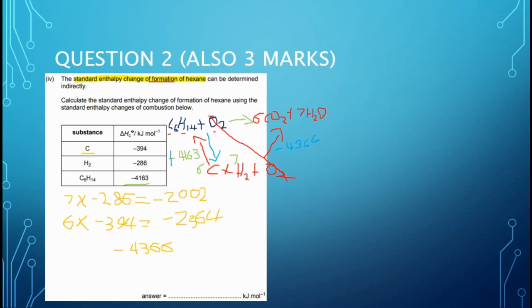So then the math works out as 4,163 minus 4,366, which is minus 203. And that there is our answer.